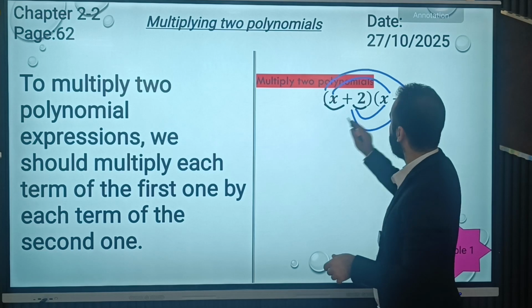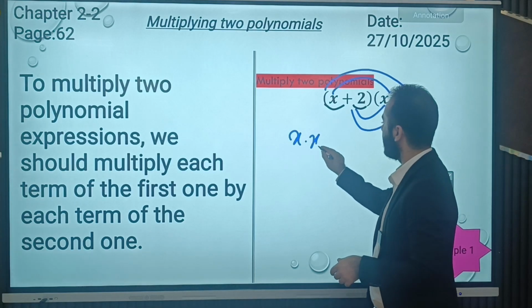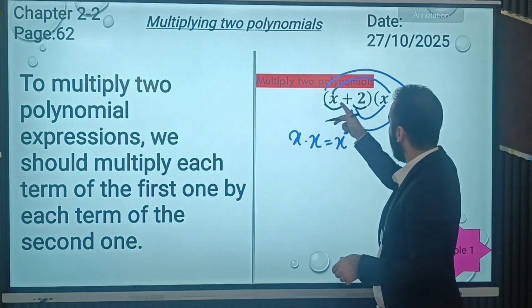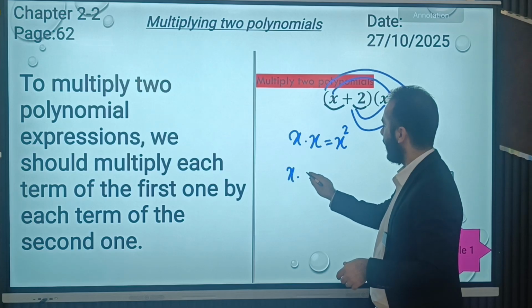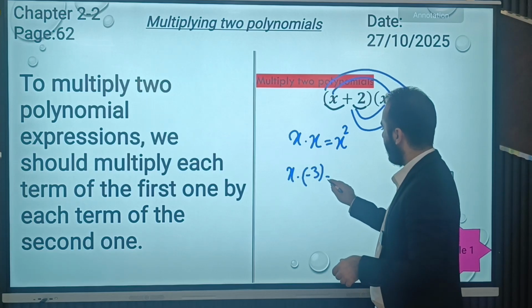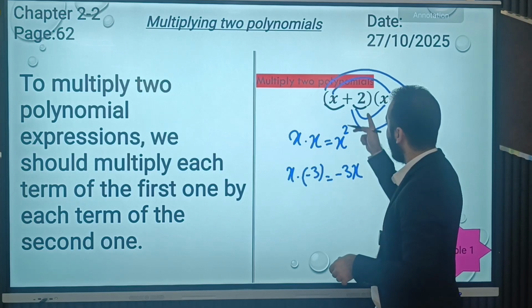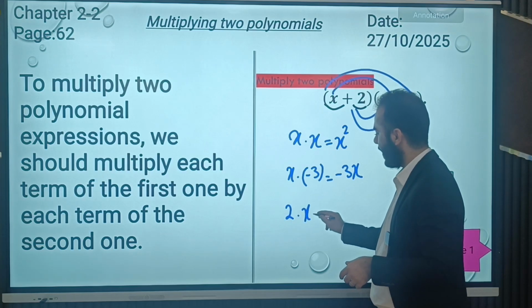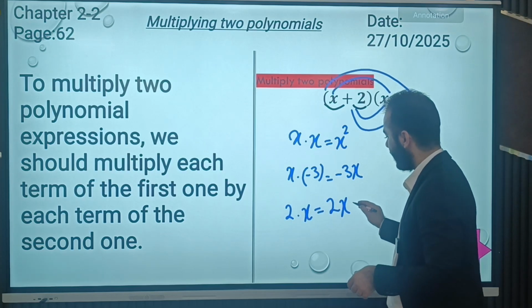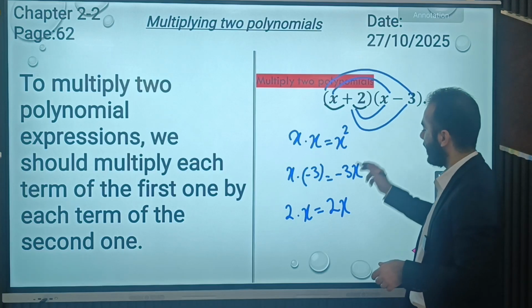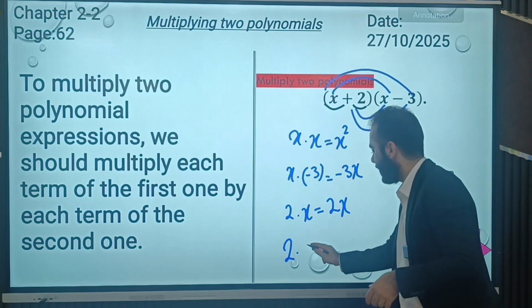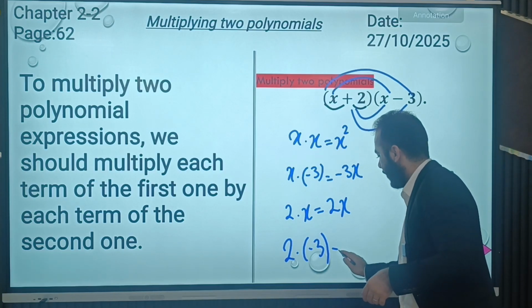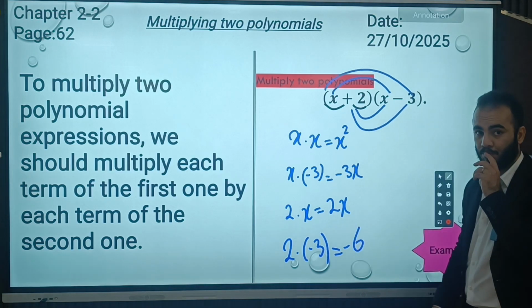Perfect. So x times x is x squared. X times negative 3 is negative 3x. 2 times x is equal to 2x. And 2 times negative 3 is equal to negative 6. Perfect.